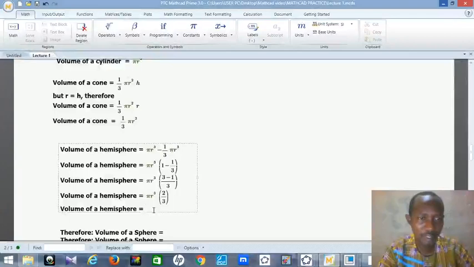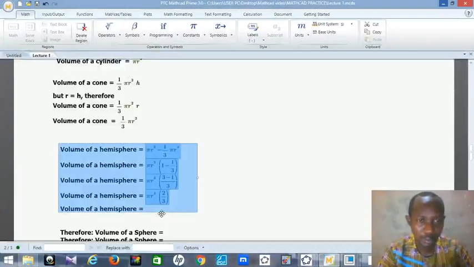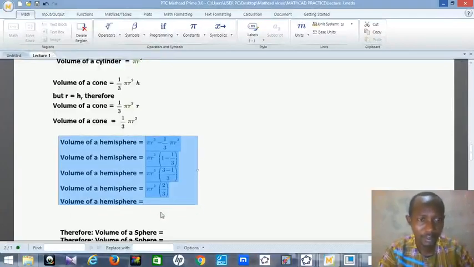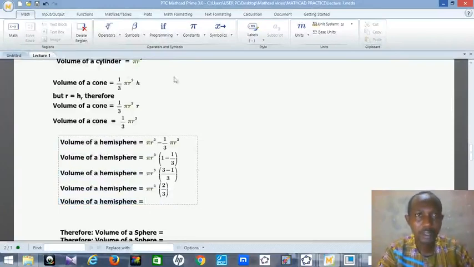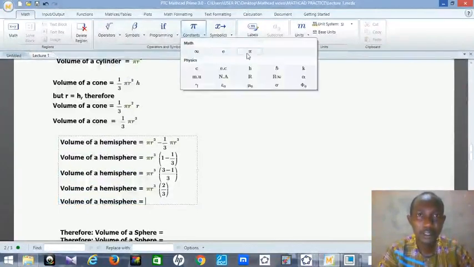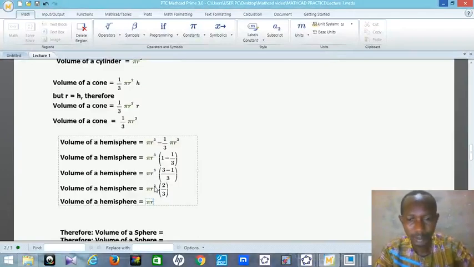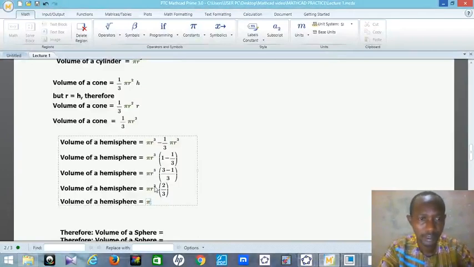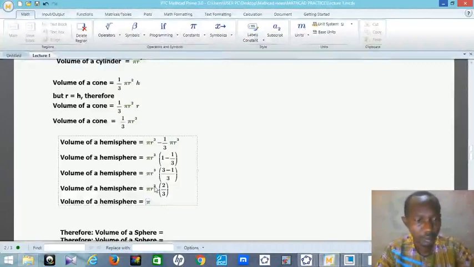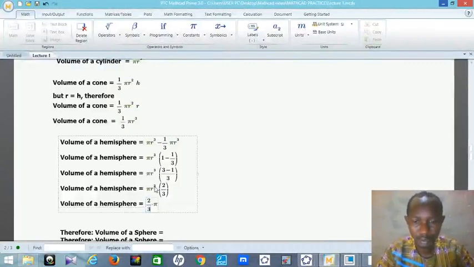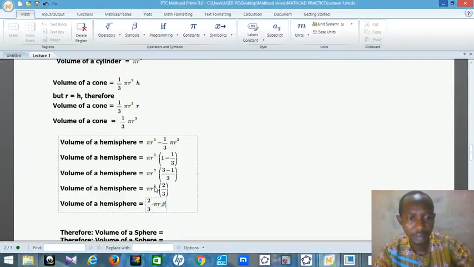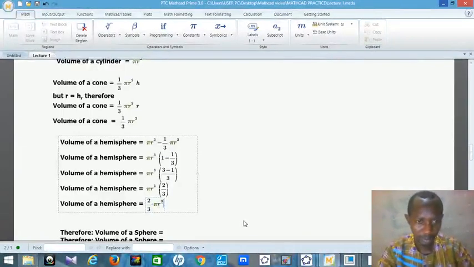Then finally, my volume of a hemisphere is going to be 2 over 3 pi r cube.